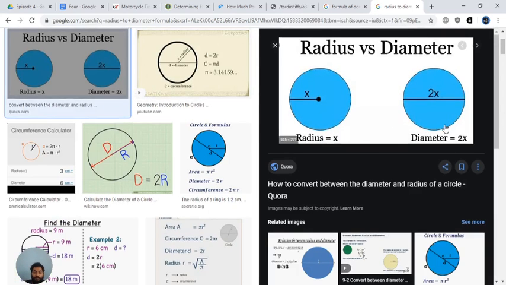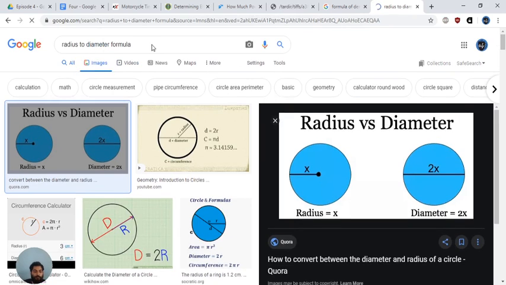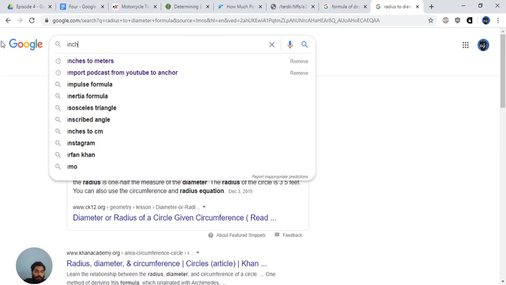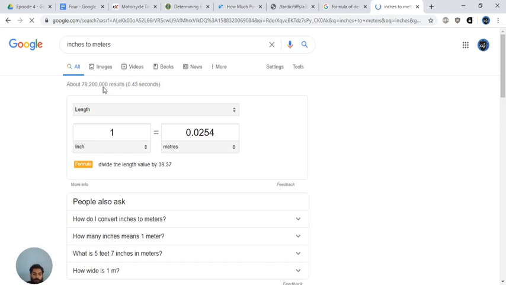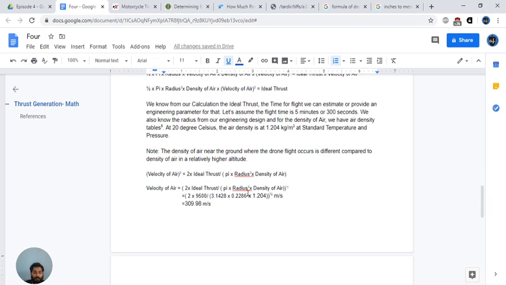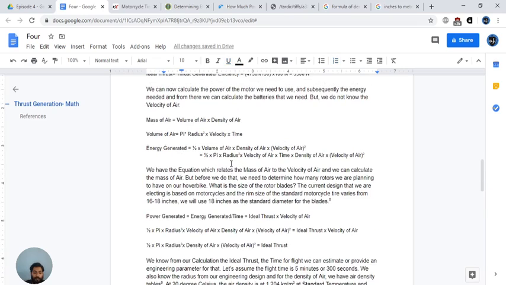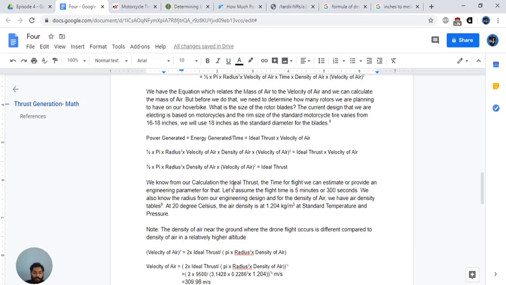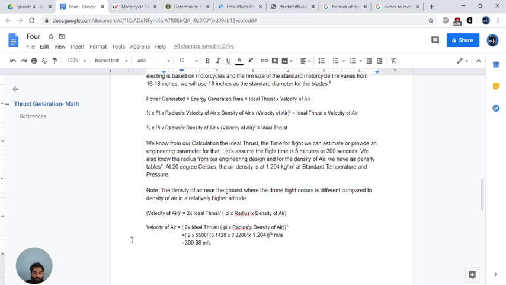So if your diameter is 18 inches to meters, you do 18 by 2, you get 0.2286 meters. That's what I used here for the radius. Okay? Cool? Good. Now, to calculate the velocity of air, I'm going to rearrange this equation that we built.